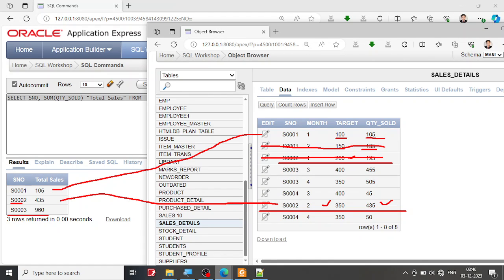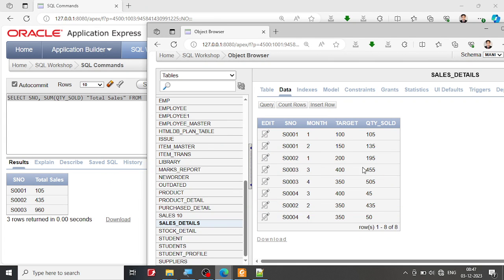And finally, we have serial number 003. If you notice over here, 400 was target, 455 was sold, 350 was target, 500 was sold. The sum of them together is 960, and that is what is being sold. Sorry about that. Unnecessarily I wasted your video time.